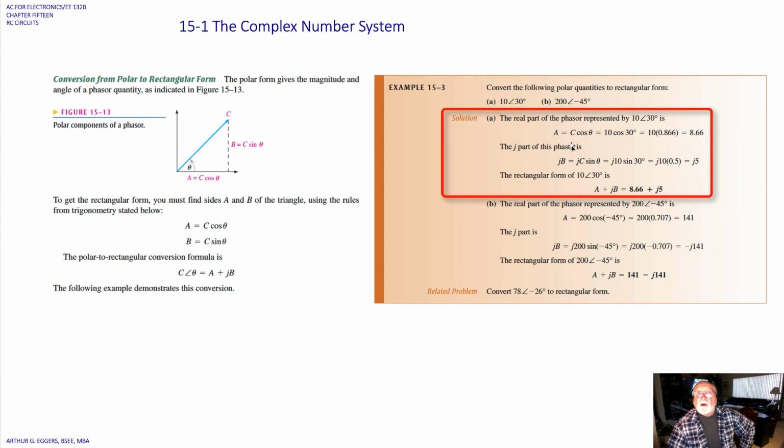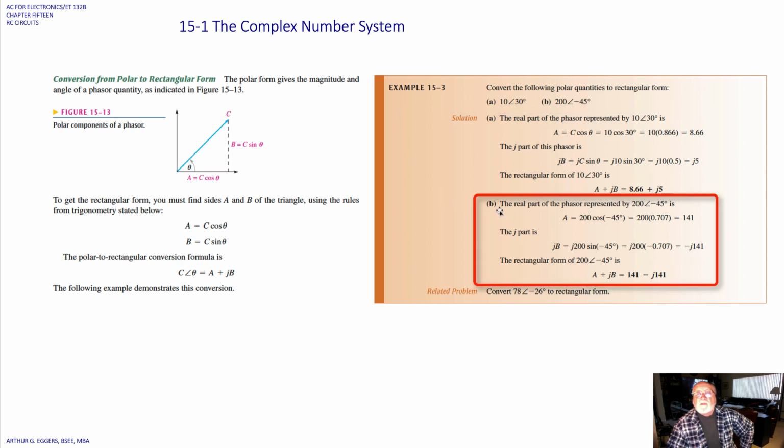The j part, the B part, is jC sine theta, which is j10 times the sine of 30 degrees. When we multiply that, we get back our B component, j5. So the rectangular form of 10 at an angle of 30 degrees is 8.66 plus j5.